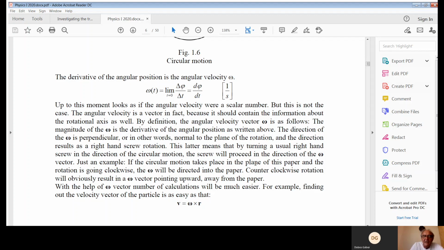If it is a clockwise rotation, that is pointing ahead. When it is counterclockwise, it's coming back.